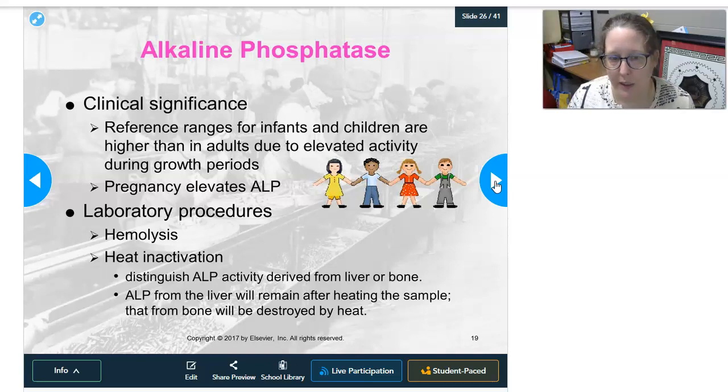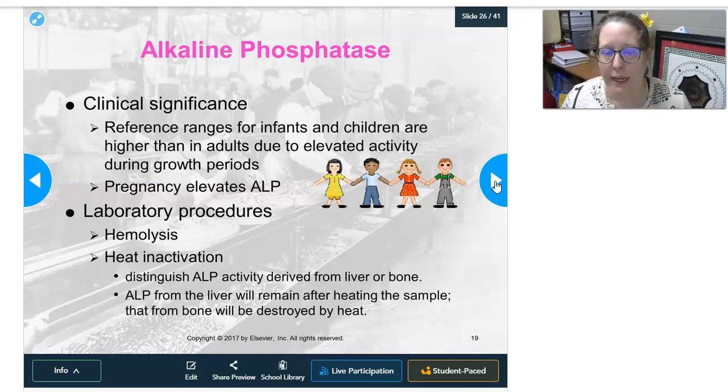You do need to avoid hemolysis for your lab procedure. And there is also a heat inactivation procedure that can help you distinguish alkaline phosphatase activity from the liver and the bone. Because even in a growing teenager, you would want to know: are they having gallbladder issues or are they just growing?